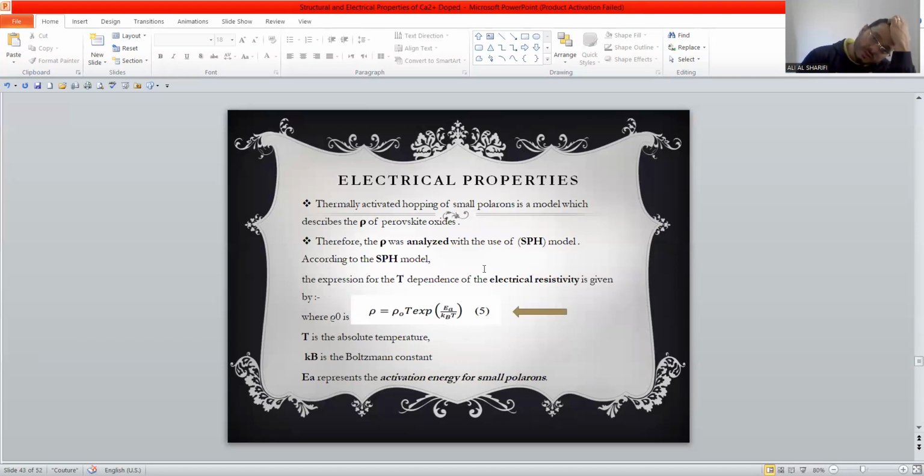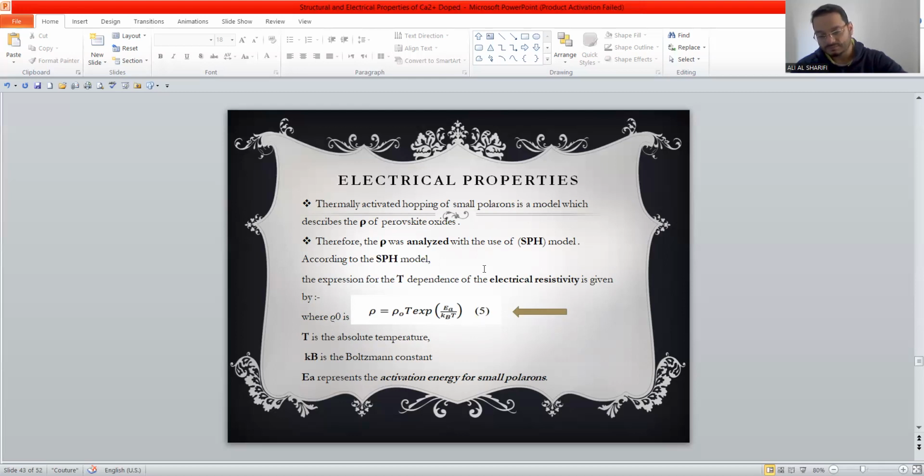Here are some notes. Thermally activated jumping of small polarons is a model which describes the resistivity of perovskite oxide. Therefore, the resistivity was analyzed with the use of simple polaron hopping.